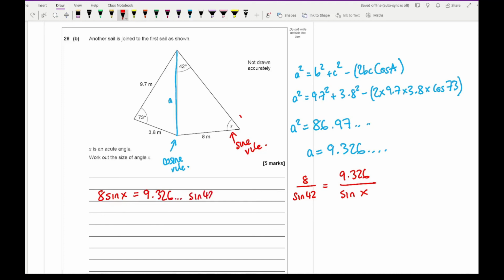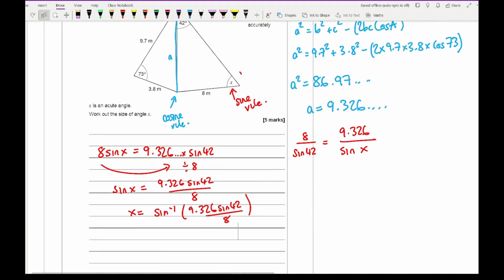Then divide that by 8, so I get sine x equals 9.326 sine 42 divided by 8, and then x equals the inverse sine of that answer, which we can then enter into the calculator.